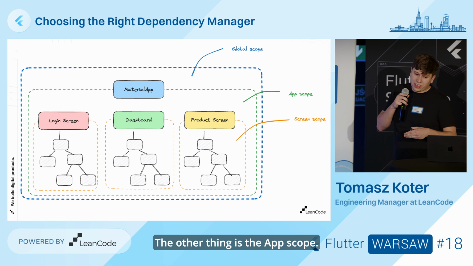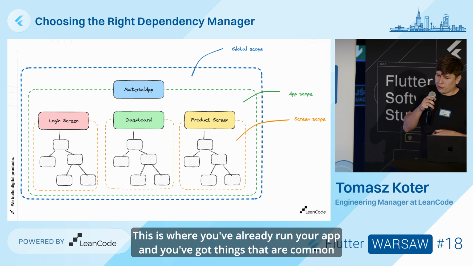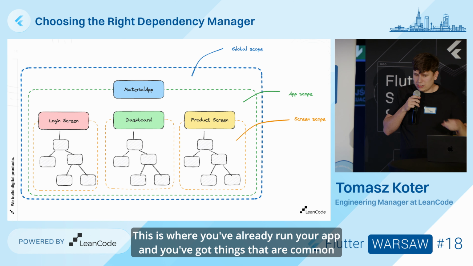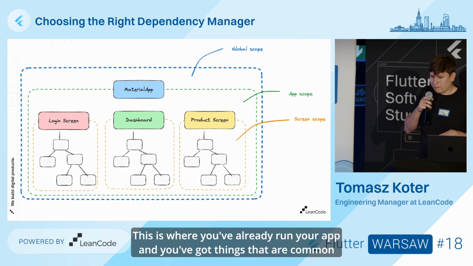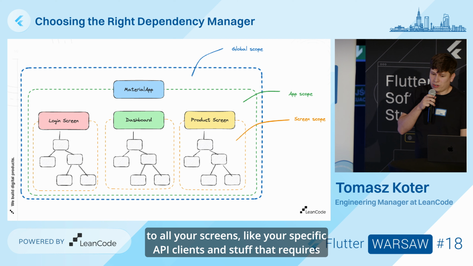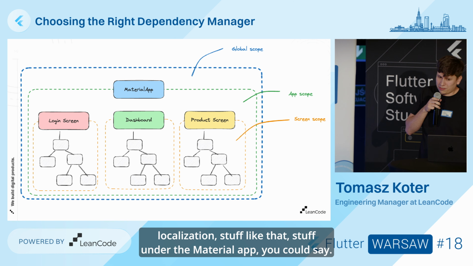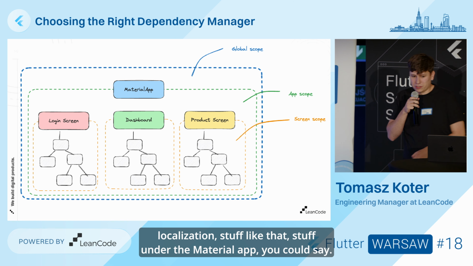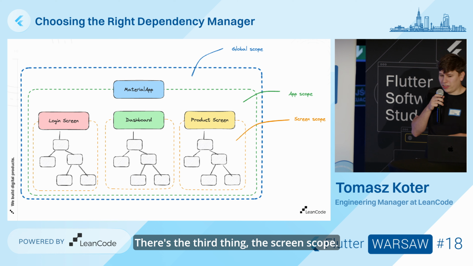The other thing is the app scope. This is where you've already run your app and you've got things that are common to all your screens, like your specific API clients and stuff that requires localization, stuff under the material app, you could say. And there's the third thing, the screen scope.